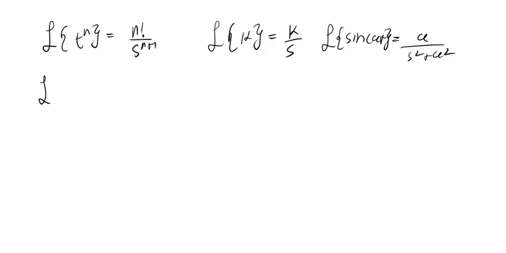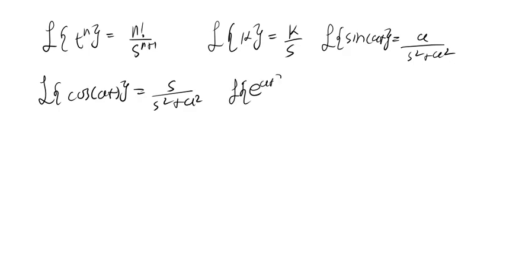In a similar manner, the transform of cos at is equal to s divided by s squared plus a squared. What about the transform of e to the at? This is equal to 1 over s minus a. So there are just a number of them that we can mention.